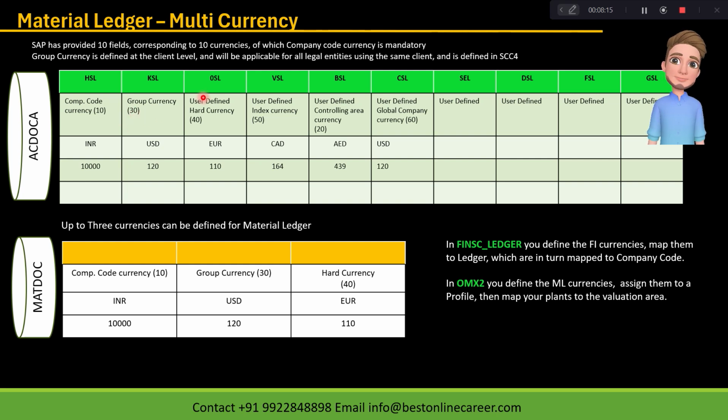Apart from that, you have the ability to use 8 different user-defined currencies. I may choose that my third currency, a freely definable currency, is hard currency, right? Now these are country specific: index based currencies. This hard currency and index currency is something which is assigned at a country level using the transaction OY01.